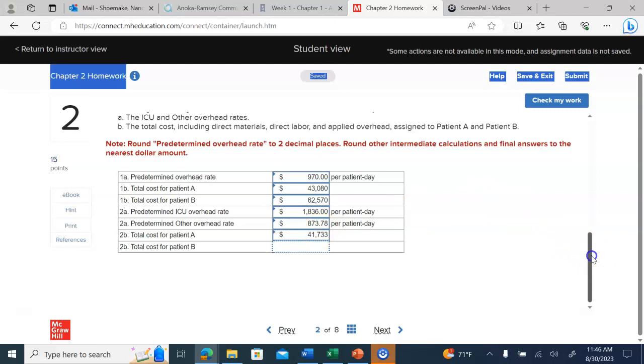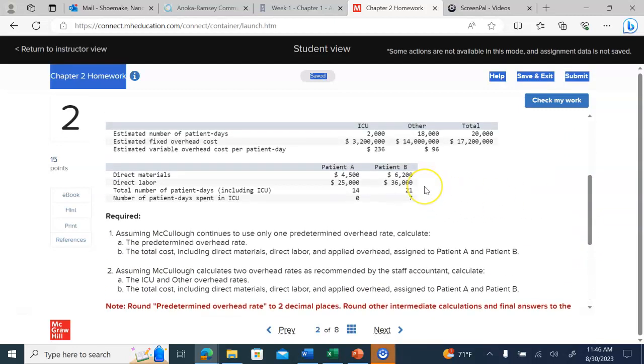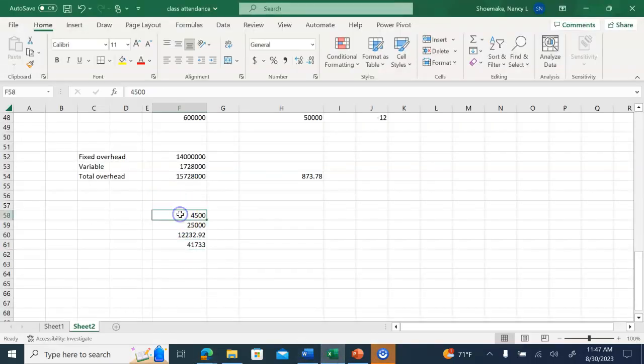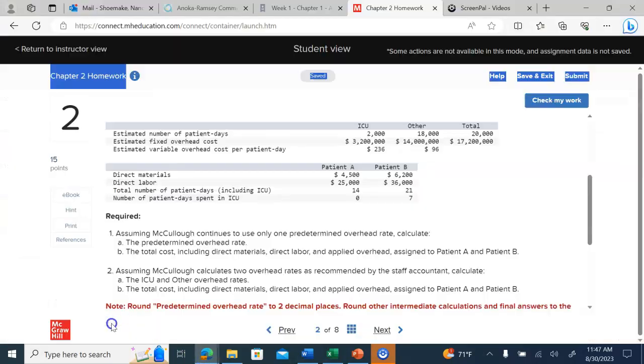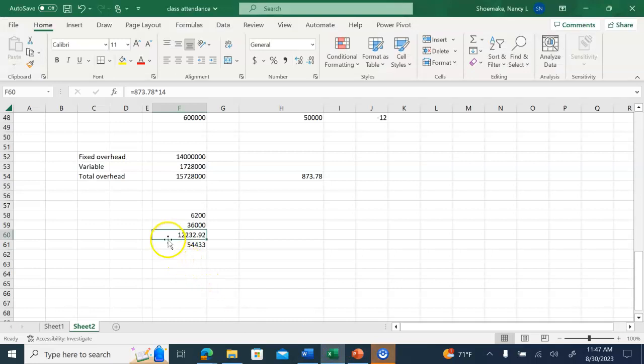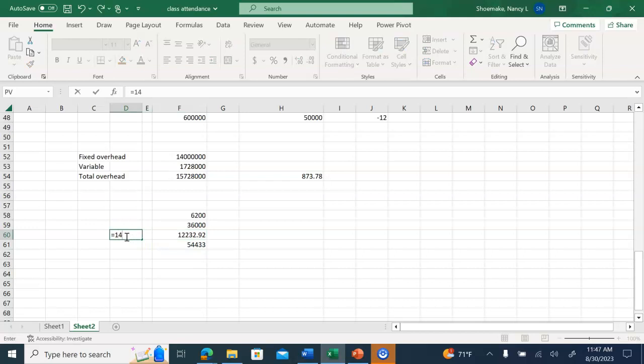And for patient B, we've got 6,200, 36,000. He's got 14 days and 7 days in ICU. So 14 days at 873.78.